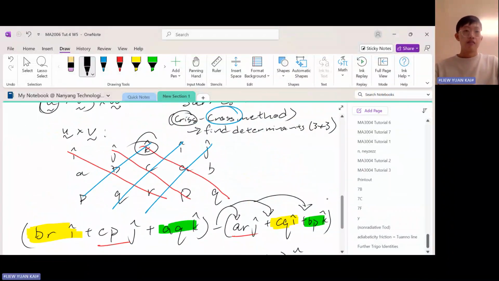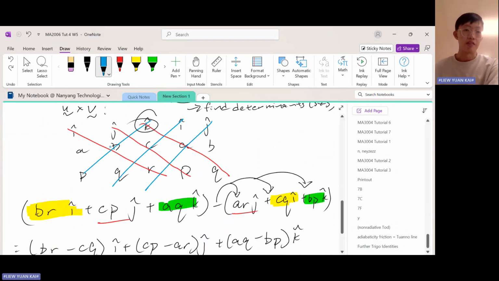I'm going to say again, when taking the cross product of two vectors, we want to find the determinant of this matrix. You put i, j, k in the first row, the entries of vector u in the second row, and the entries of vector v in the third row. Then we use the crisscross method. First, copy down the first two columns. Then find the crisses and the crosses.